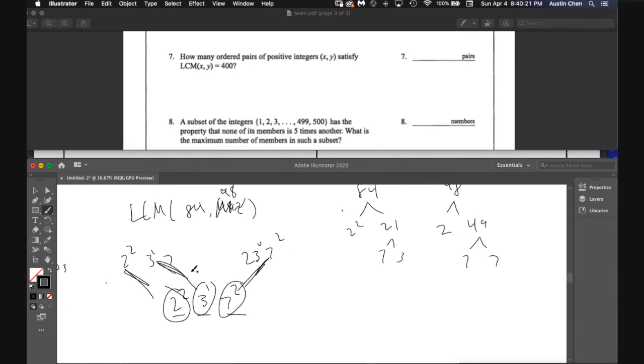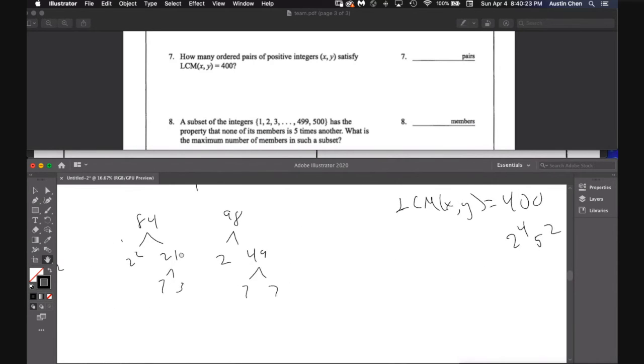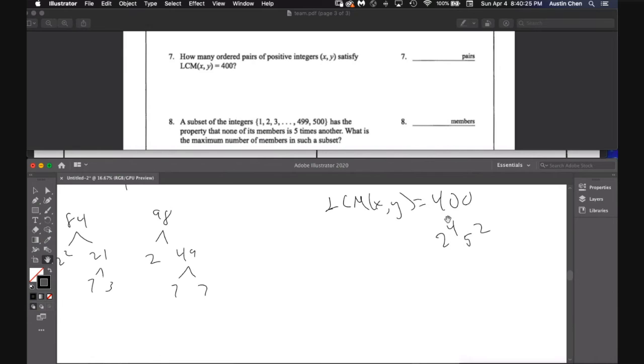It's always taken directly from one of the numbers. So 2 to the 4 and 5 squared both had to be taken directly from either x or y. So either x or y has to have 2 to the 4, maybe both, but it can't be that neither of them has exactly 2 to the 4. And the same thing with 5 squared.